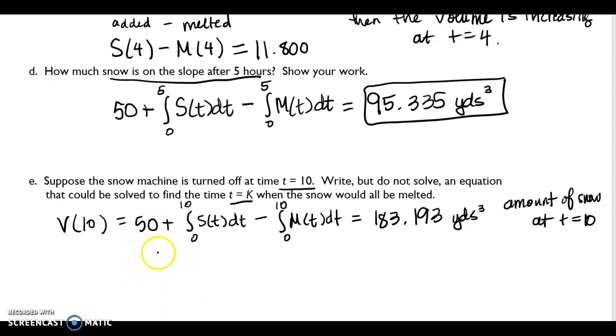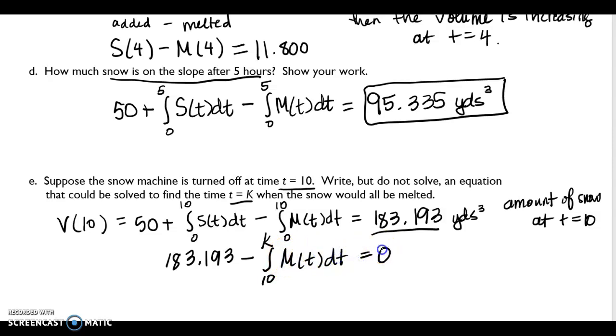So we will do 183.193. To figure out how much melts, I'm starting at 10 because we already included the amount up till 10. From 10 until time k, that's the time I don't know, of m of t dt, and I want that amount of snow to be 0.